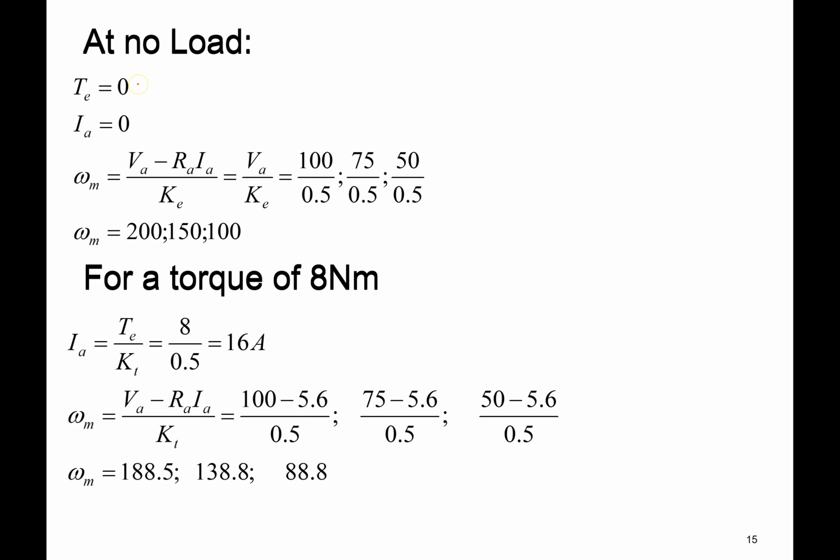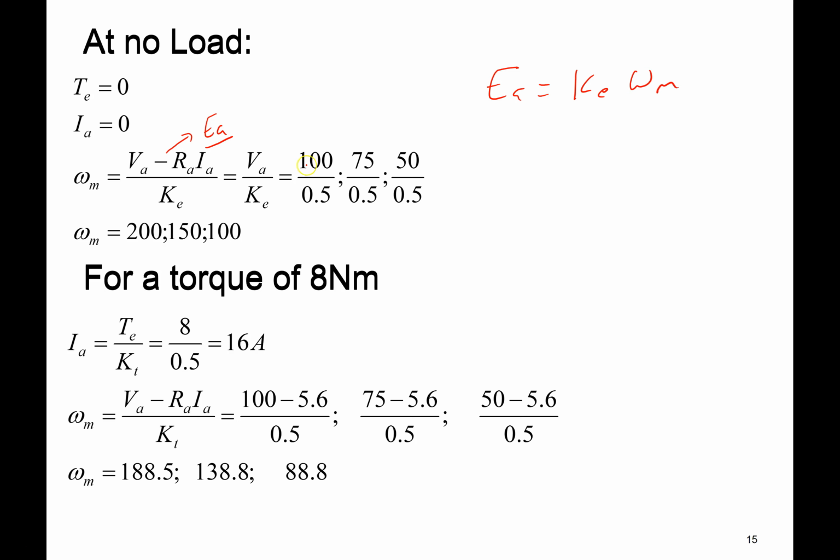So we know at no load torque is 0 and Ia is 0. No torque, no current. And remember, we talked about this correspondence between torque and current. Omega m is Va minus RA IA on Ke. Remember, all of this is just EA, right? So EA over Ke, or in other words, EA is equal to Ke by omega m.